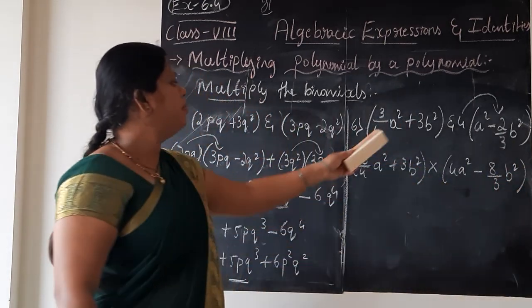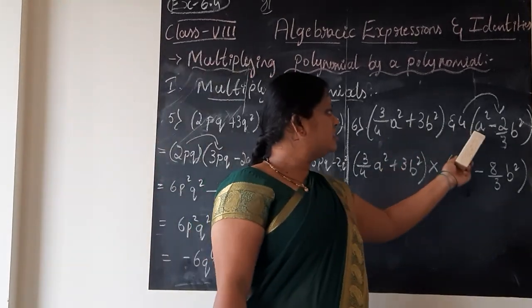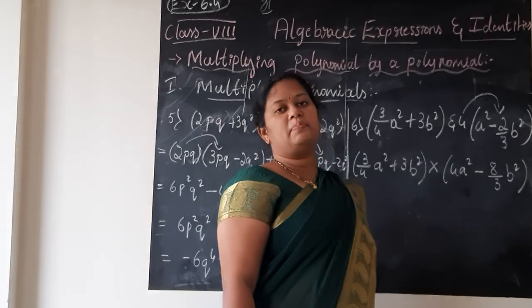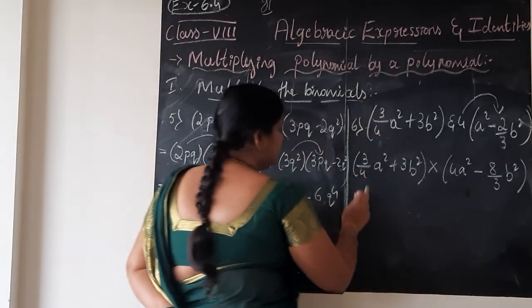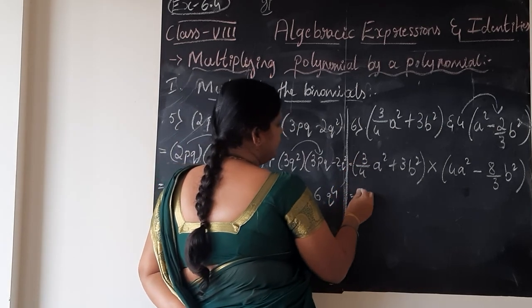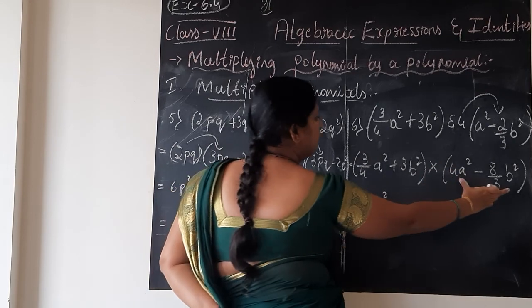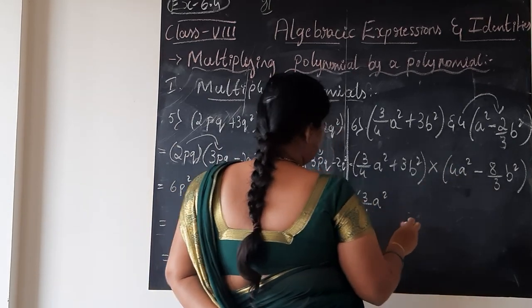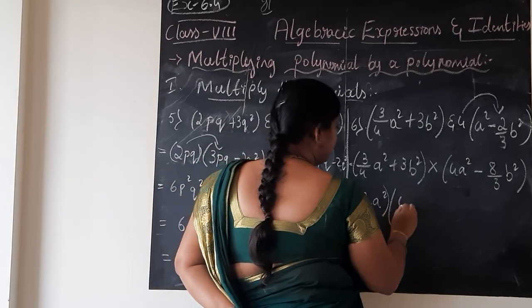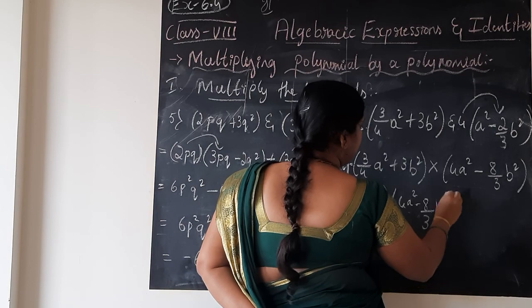So now we got multiplication of a binomial by a binomial. When such questions are given, make sure that you multiply the number outside inside to make it two binomials. Now it is equal to first term (3/4)a square into this whole bracket (4a square minus (8/3)b square).